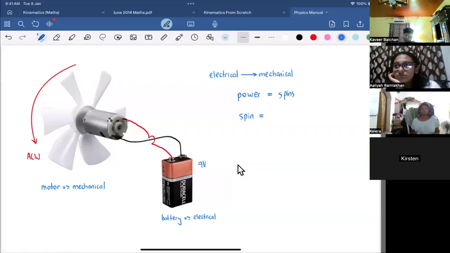So if you apply power, it spins. If you spin it, what do you think it creates? Kiara, if you apply power, it spins. If you spin it, it generates something.